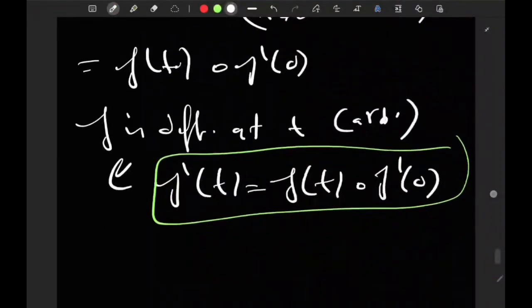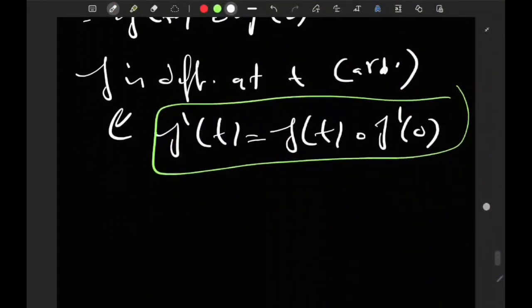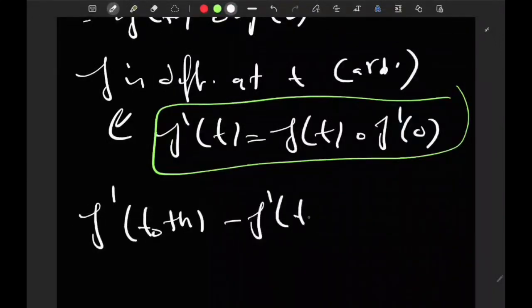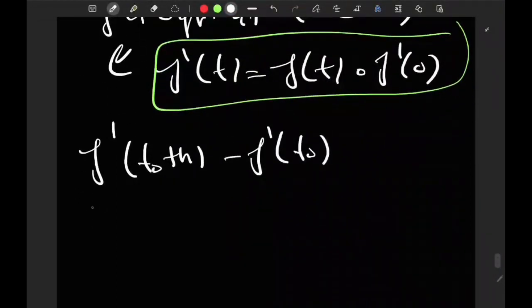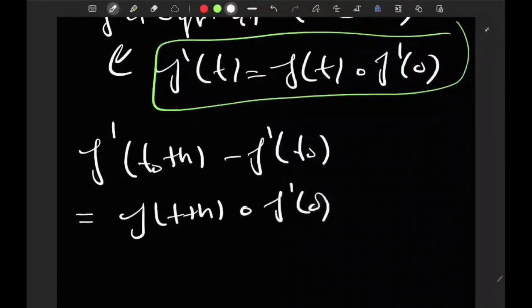Now I want to prove that f prime is continuous. How do I do that? I just look at f prime of t0 plus h minus f prime of t0, and I prove that this has limit 0 as h goes to 0. What's this thing? This is just f of t0 plus h round f prime of 0 minus f of t0 round f prime of 0.